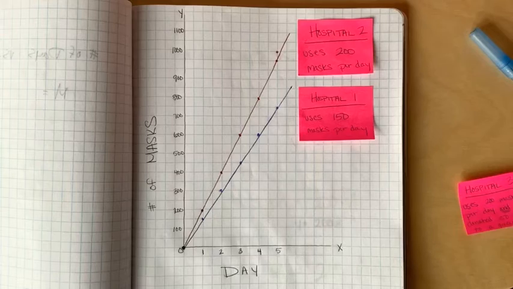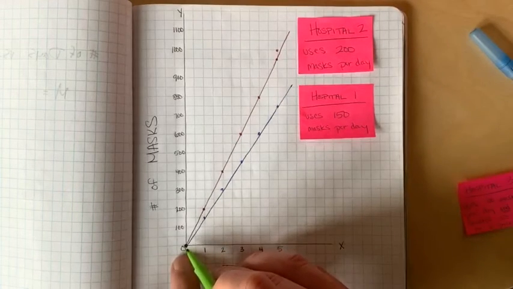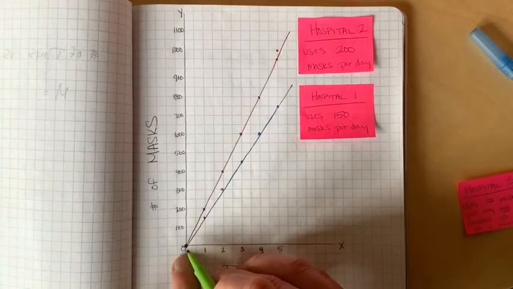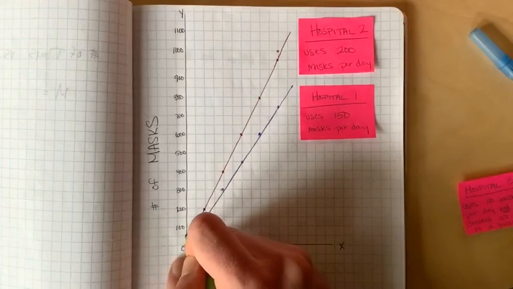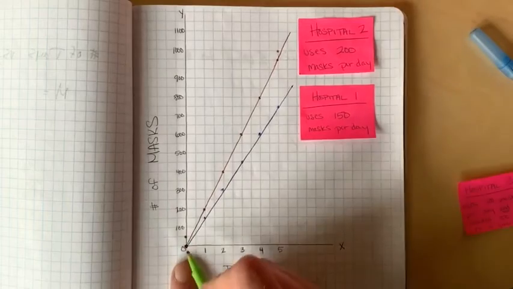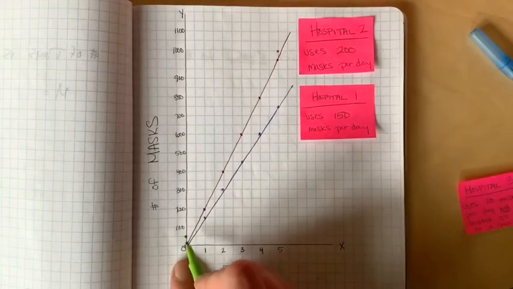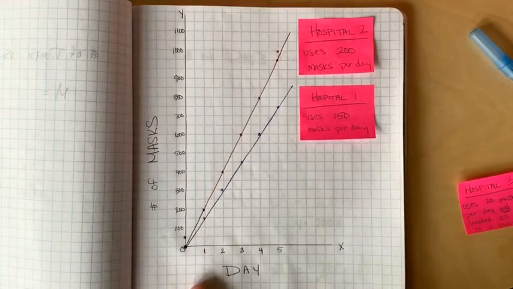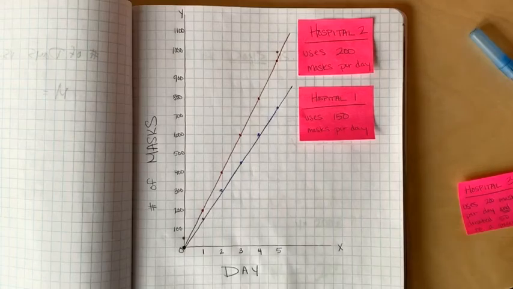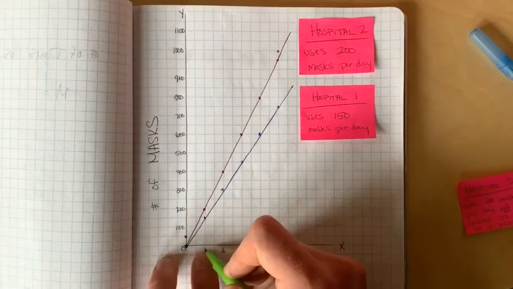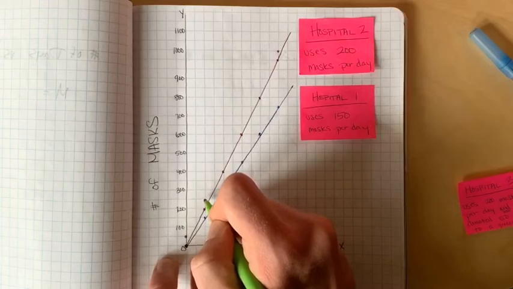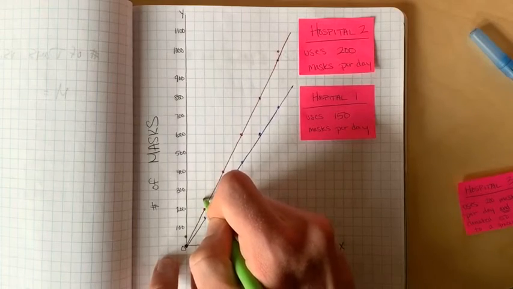So at day 0, unlike hospital number 1 and hospital number 2, they didn't start with 0 masks. They started with a total of 50 masks. So our starting point is at day 0, they already used 50 masks. Then they used 200 masks per day. So day 1, they used 200 more, which means they used a total of 250.